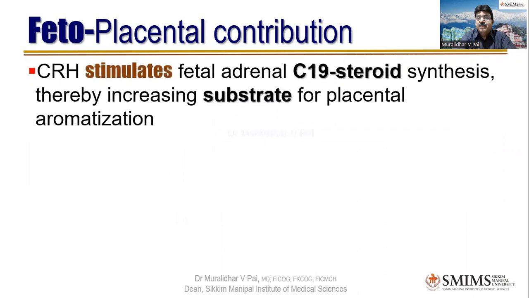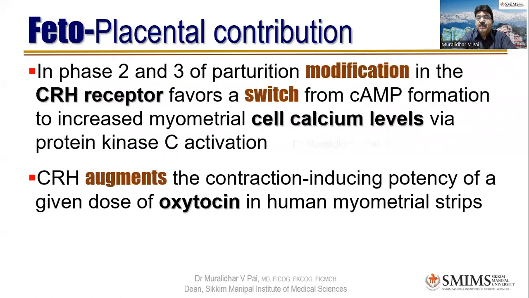CRH stimulates fetal adrenal C19 steroid synthesis. See how many different ways the CRH helps. One is it will make sure that the cyclic AMP is changed into, as we saw just now, protein kinase C activation. The second one is it augments the contraction inducing potency of a given dose of oxytocin, right?